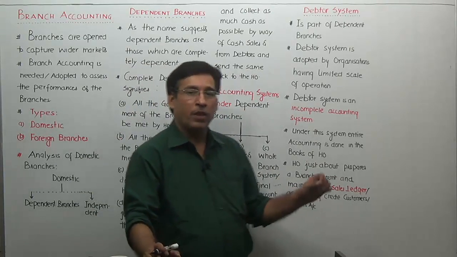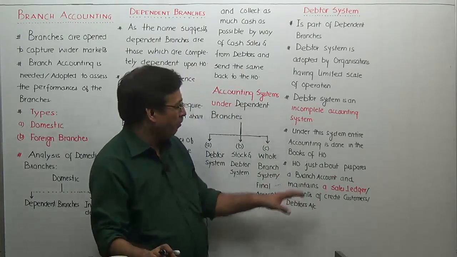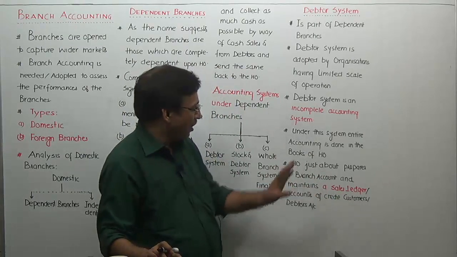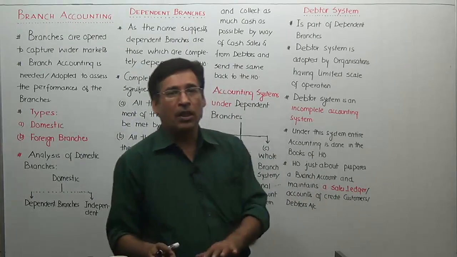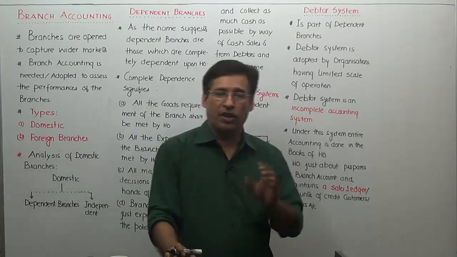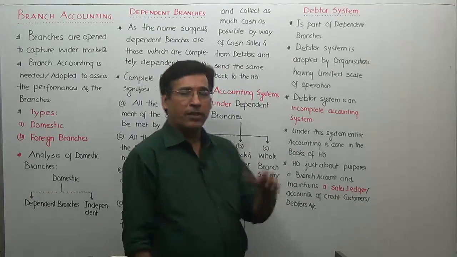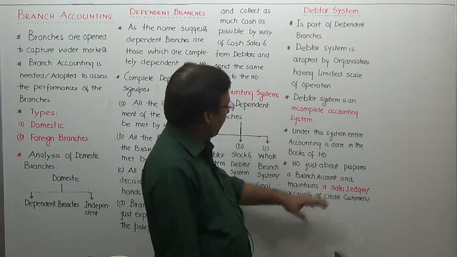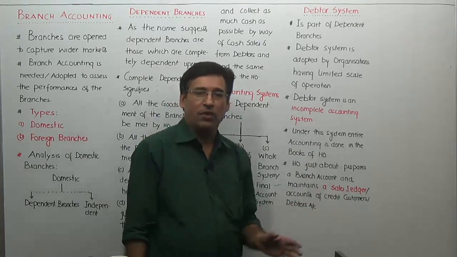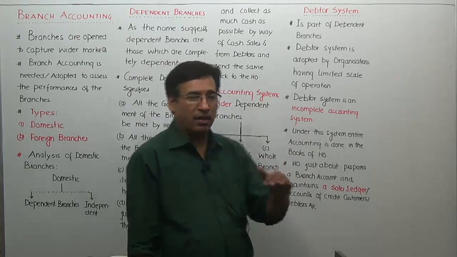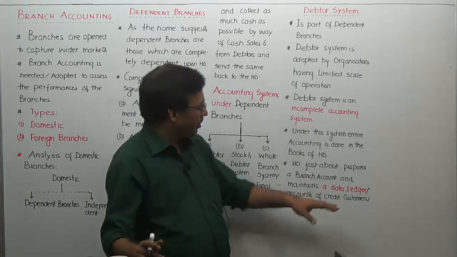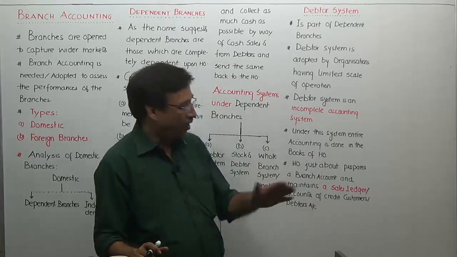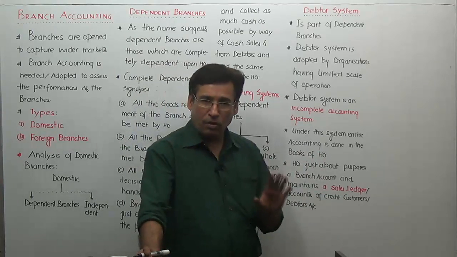It means that head office is maintaining a branch account and just one ledger, that is the sales ledger, which is a collection of accounts of all our credit customers. In one term, we may say head office is preparing the debtors account. In fact, that is the reason why this system is also known as the debtors system, because under it head office maintains only the branch account and only one ledger, that is the debtors ledger. Is it clear to you or not?